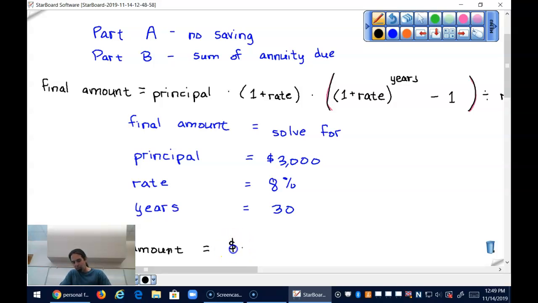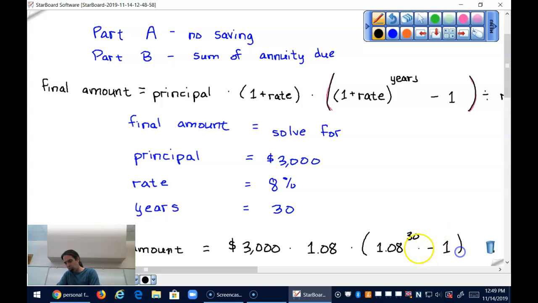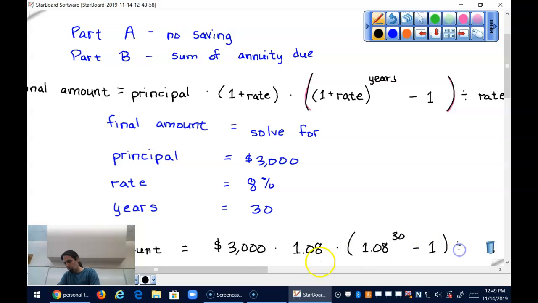Okay, 3,000 times 1.08 times parentheses 1.08 exponent 30 minus 1 close parentheses divided by 0.08.